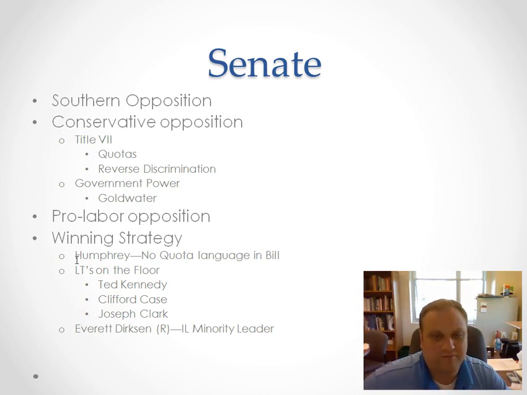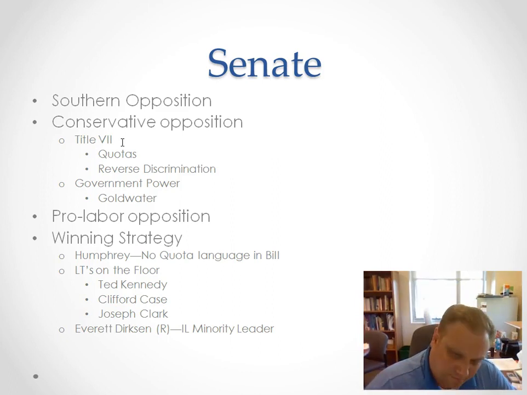Vice President Hubert Humphrey is putting together a coalition of pro-bill supporters and trying to get them out in force, because he knows that there will be Southern opposition. There will also be conservative opposition, especially with the addition of a few things. Well, first was Title VII.